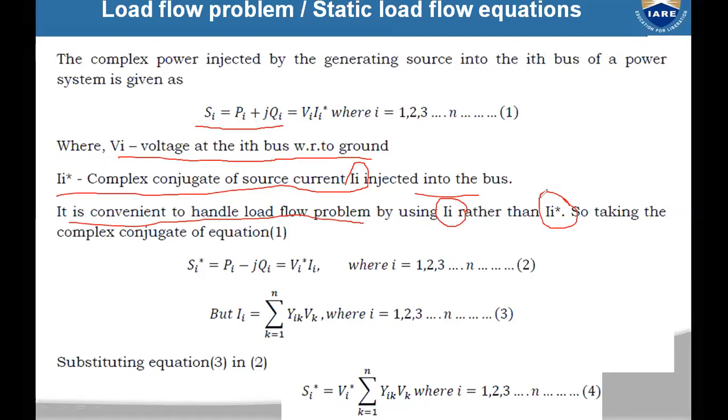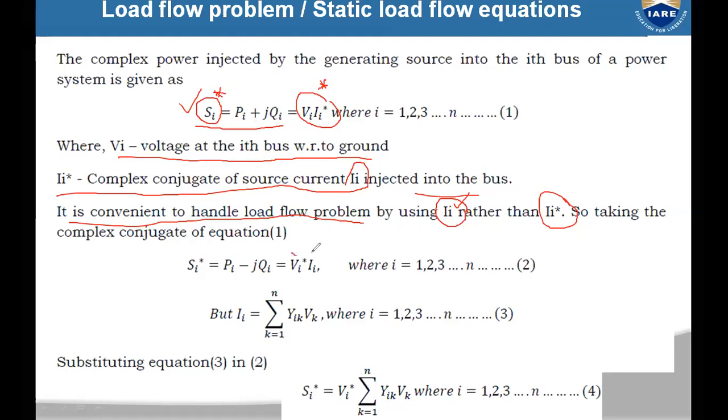So, taking the complex conjugate of equation number 1: the complex power injected into the ith bus, Si, is Vi into Ii conjugate. To eliminate the conjugate on Ii, I conjugate both sides, so Si conjugate is equal to Vi conjugate into Ii conjugate of conjugate, so that you get Ii.